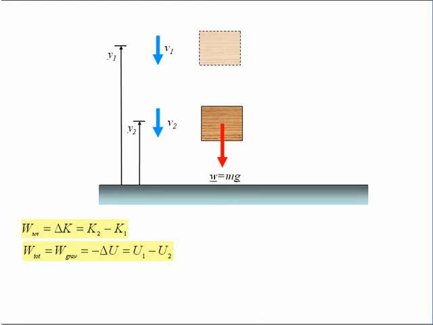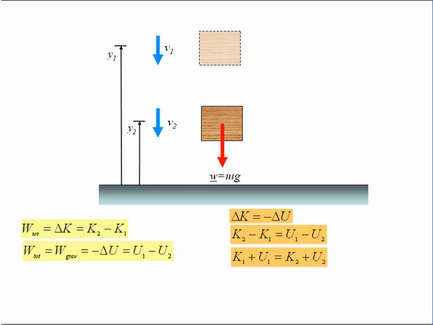Combining these two equations, we get that delta K is equal to minus delta U, or K2 minus K1 is equal to U1 minus U2. Rearranging that, we get K1 plus U1 is equal to K2 plus U2.